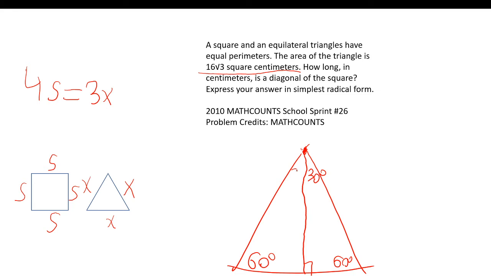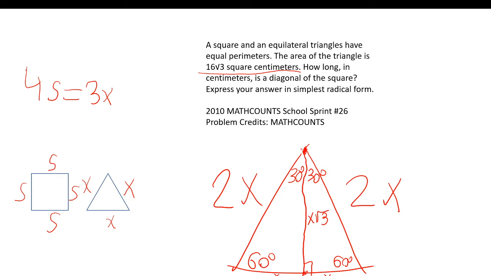This is a bisector, and these two are equal, and we can call these x. x plus x is 2x. Each side length is 2x. We have two 30-60-90 triangles. Now, the hypotenuse is double the short leg. The longer leg is the shorter leg multiplied by the square root of 3. Those are our rules for 30-60-90 right triangles.